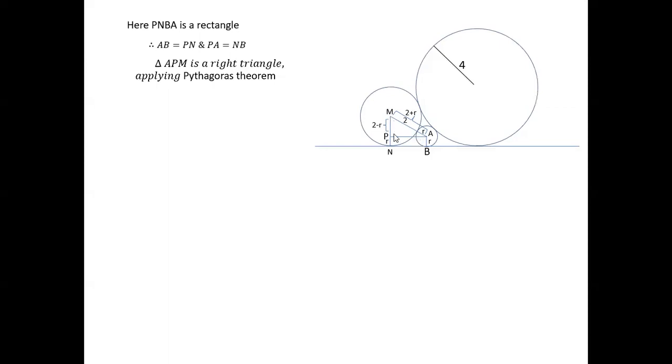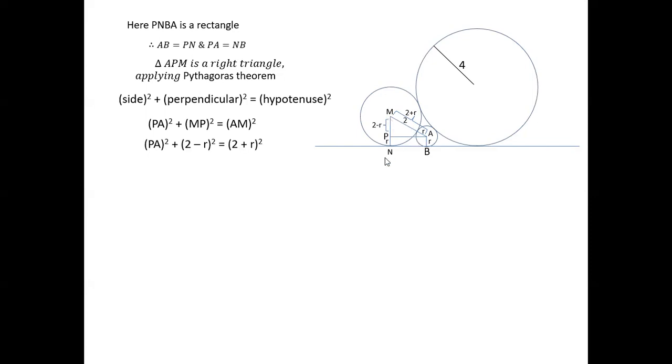So when this is a right angle triangle, we again apply our Pythagoras theorem. Pythagoras theorem is what? Side square plus perpendicular square is equal to hypotenuse square. Let us see which sides this triangle has. Side means PA square. Perpendicular means PM square. And hypotenuse means AM square.